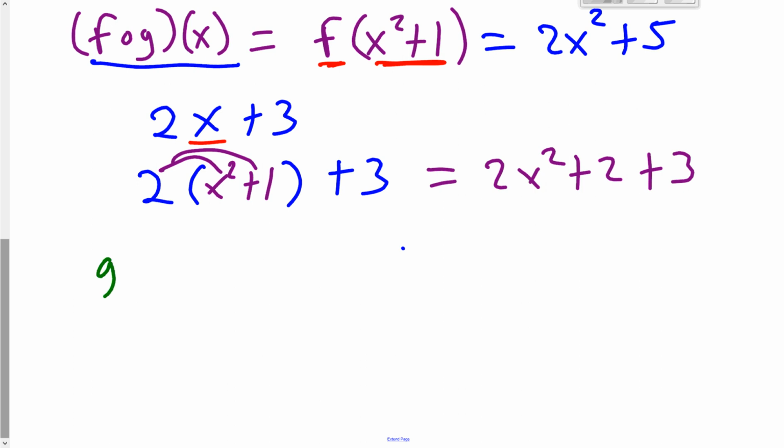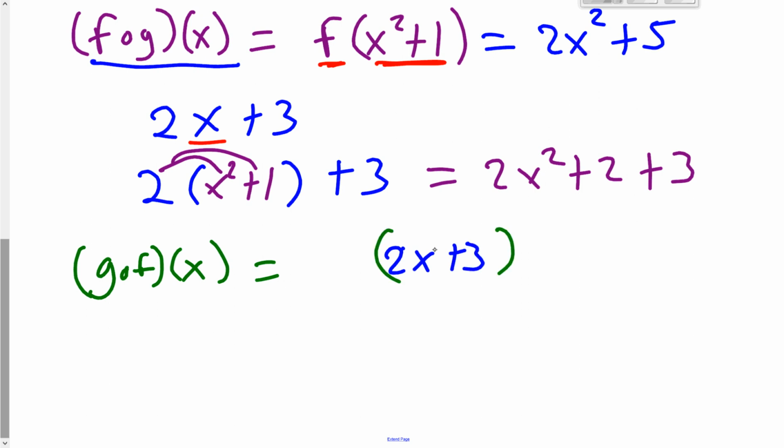Is g of f of x the same thing? Well, that would be taking f of x, which is 2x plus 3, and placing that inside of g, right? So here is g, x squared plus 1.